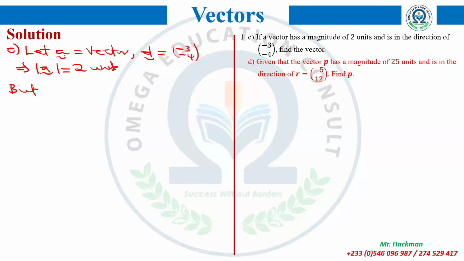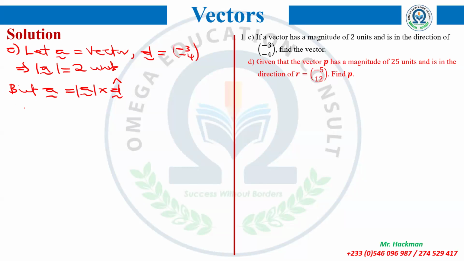I'm looking for my vector, which I have labeled A, or any other name of your choice, which will be equal to the magnitude of A times the unit direction vector. Now, what is your direction vector? You represented that by D. D is a vector, so for the unit direction vector, you give it a cap. So what do we need to find? The D cap, and that will be it.